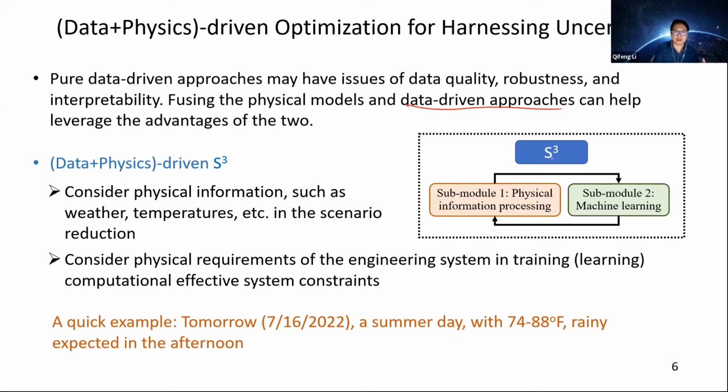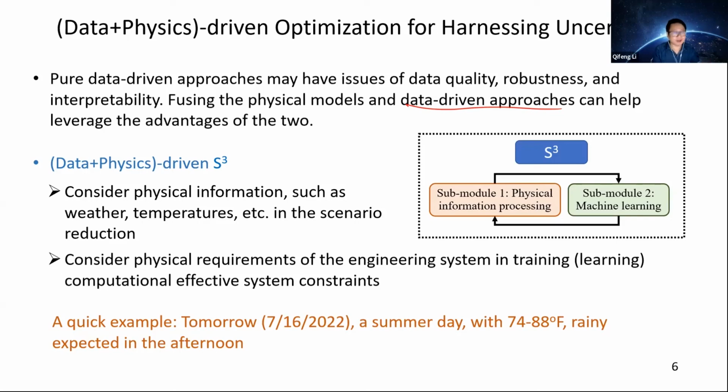So the S-Cube has two submodules. The first submodule is the physical information submodule, and the second is machine learning. It is very hard for me to give all details in a 10 minute presentation, but I could give you a quick example. For example, we are doing the decision making for tomorrow's power system operation, July 16th.